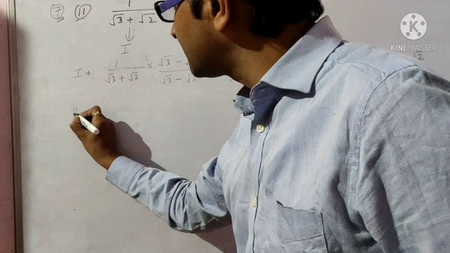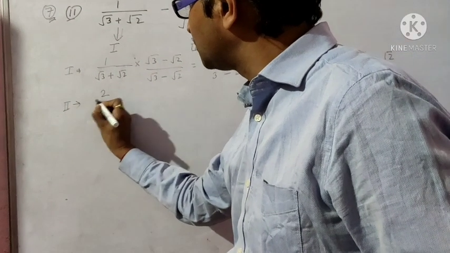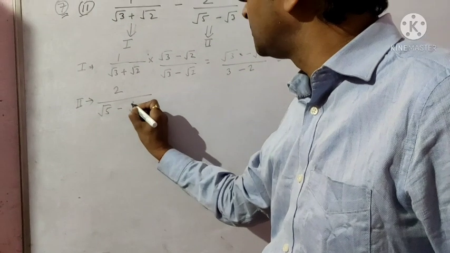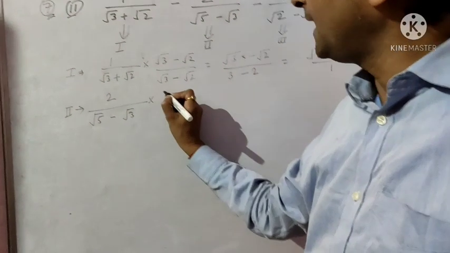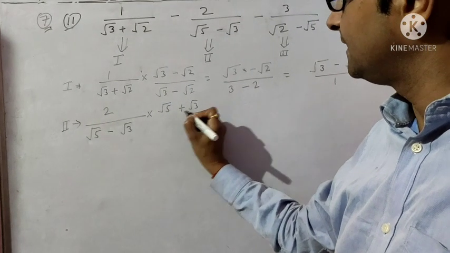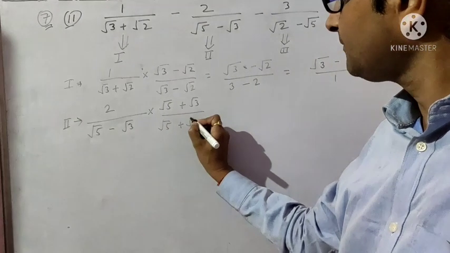Then after that student, the second term. The second term is 2 divided by root 5 minus root 3. So again rationalizing: root 5 plus root 3 divided by root 5 plus root 3.